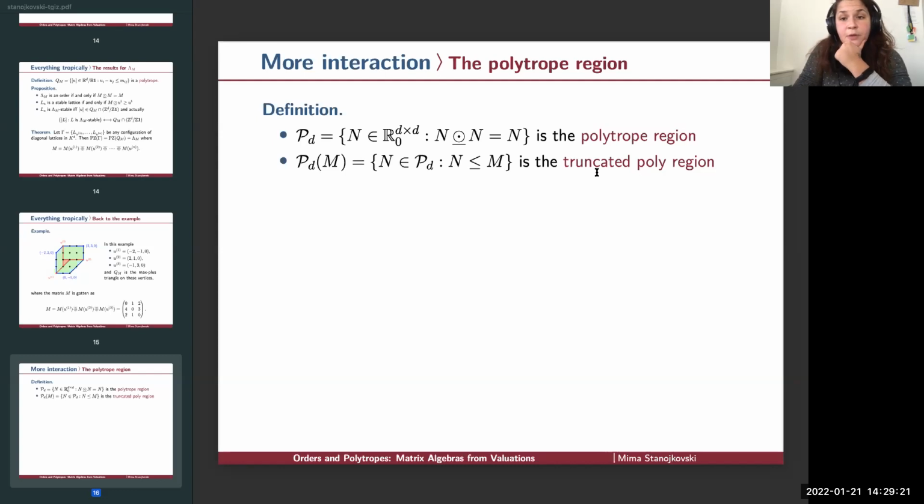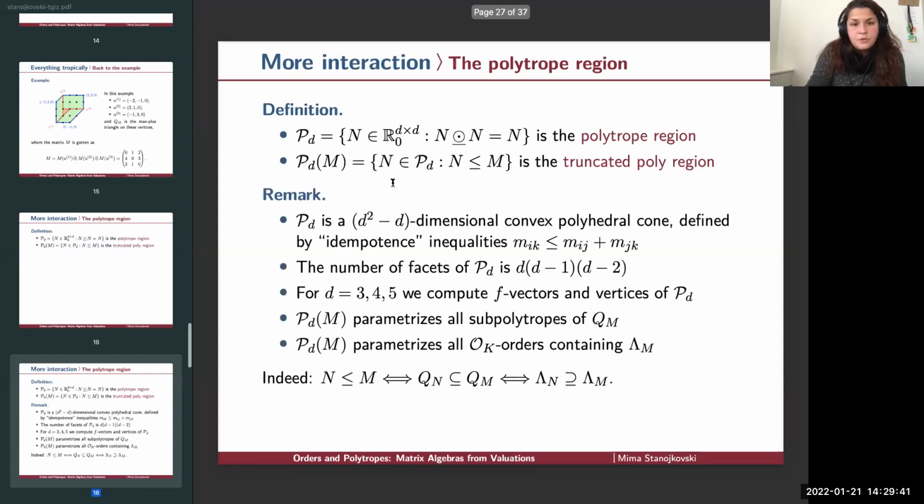And then we also define the truncated polytrope region to be the collection of those matrices from P_d that are at most M. Remember, these have real coefficients, so we're all good.